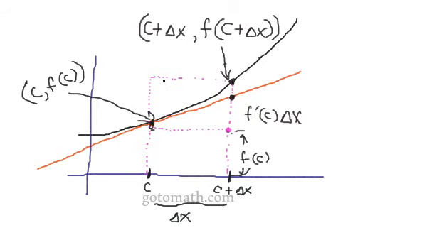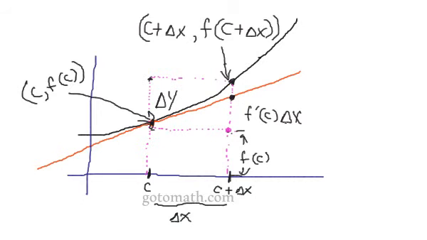Now we have this distance from here to the point where the tangent line meets the curve, and that is delta y. I'm sure you've got some questions. This is the confusing one here.